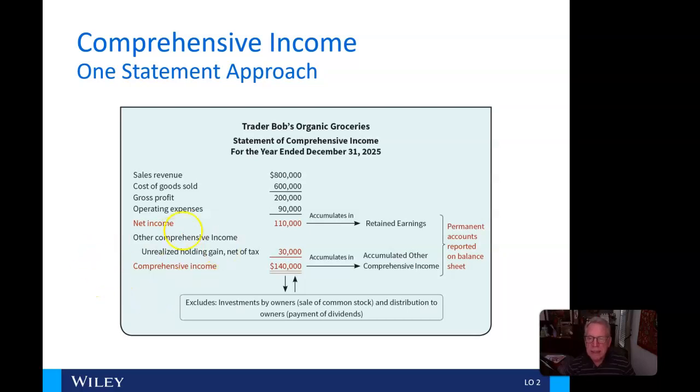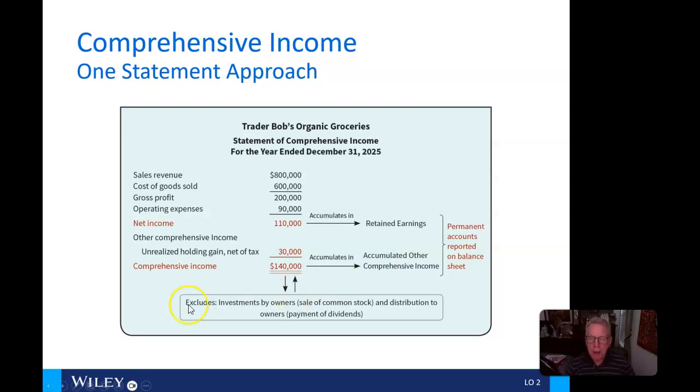And that is the sum of the net income plus the other comprehensive income, and this is the total comprehensive income. And that accumulates in the accumulated other comprehensive income. Key definition here: those are permanent accounts reported on the balance sheet.